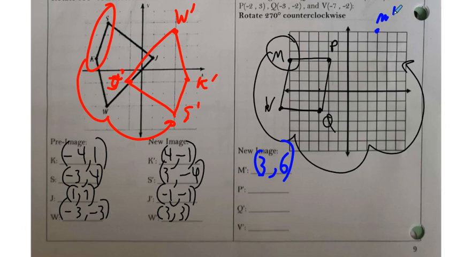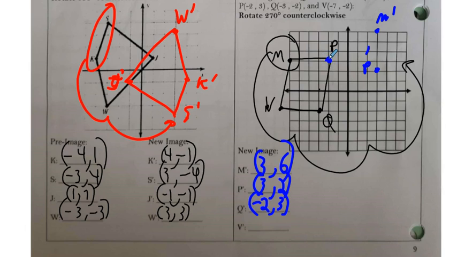P was at negative 2, 3. So the negative 2 is going to come over here and become positive, and the 3 just does that. There's P prime. Q, negative 3, negative 2. So the negative 3 is going to move over here and become positive, and the negative 2 just stays there.